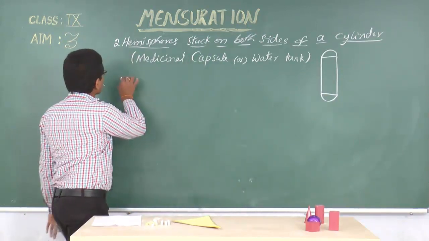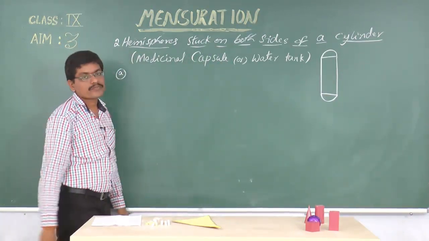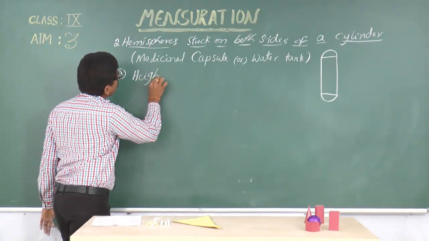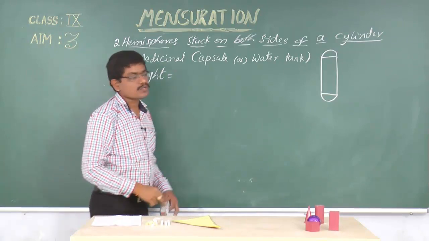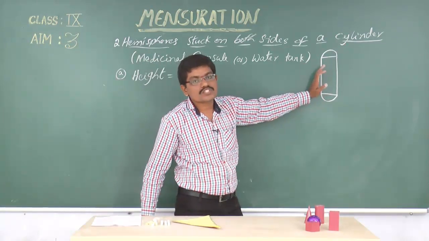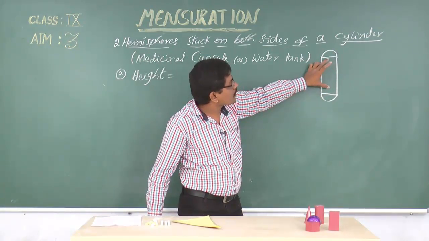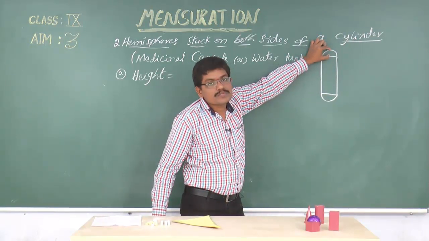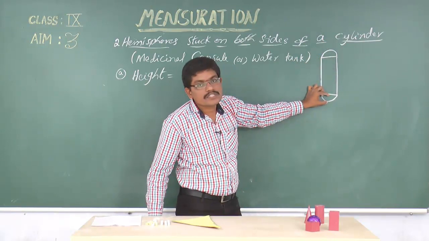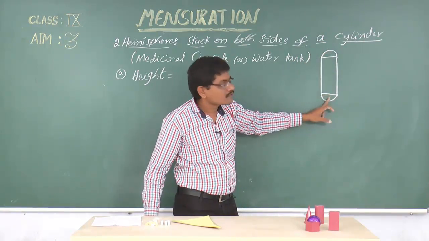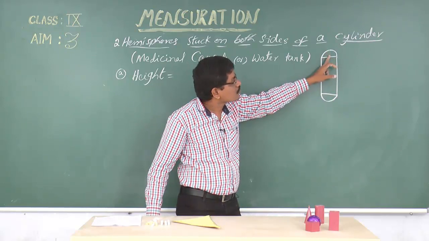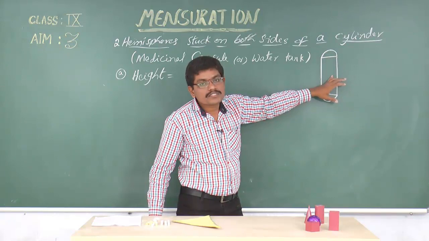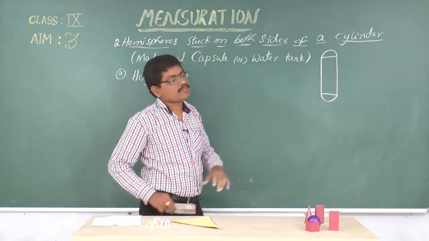Okay, first one, height. To get the height of this solid, we have to add the height of cylinder and this hemisphere radius and this hemisphere radius, because both are of the same radius, so we have to add the height of cylinder plus 2 into radius of hemisphere.